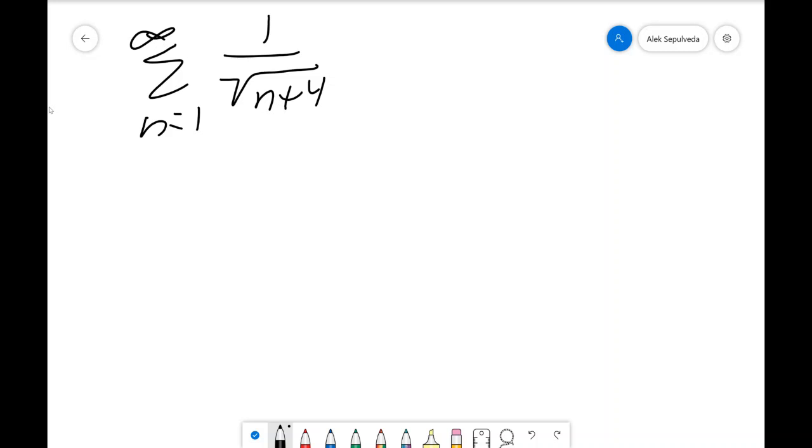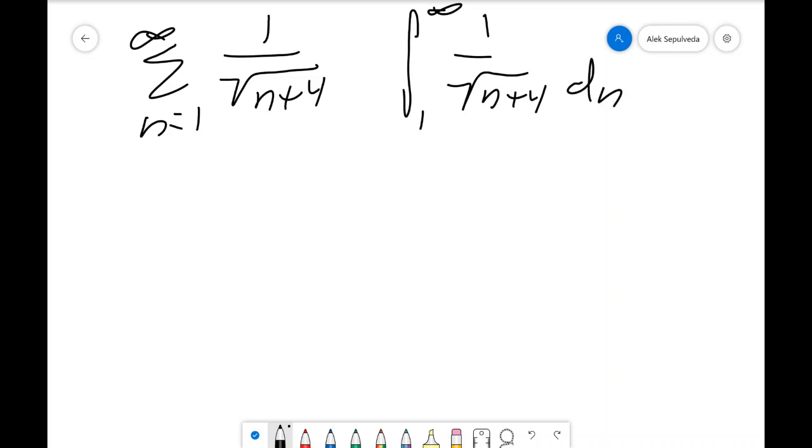So I'll now perform the integral test. The integral from 1 to infinity of 1 over the square root of n plus 4 dn. We're going to make u equal to the square root of n plus 4. du, we already have that.